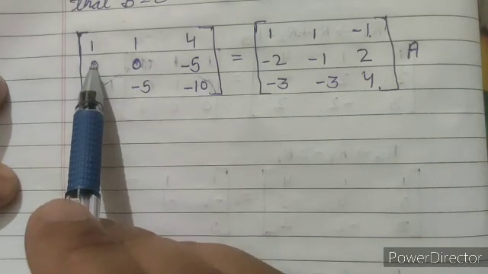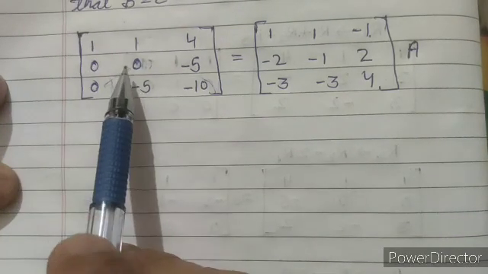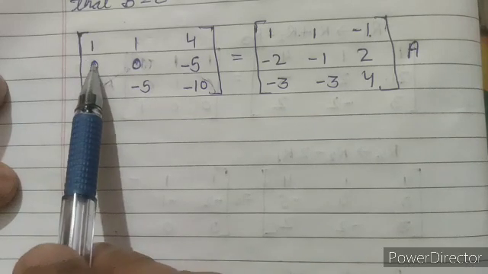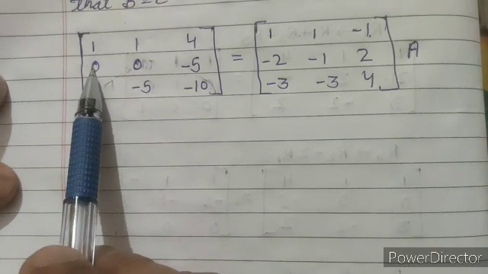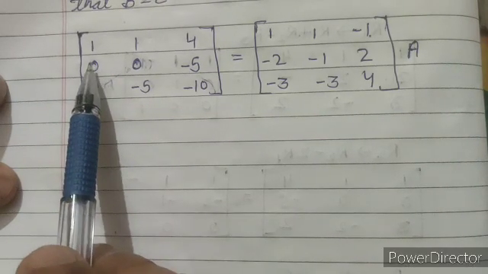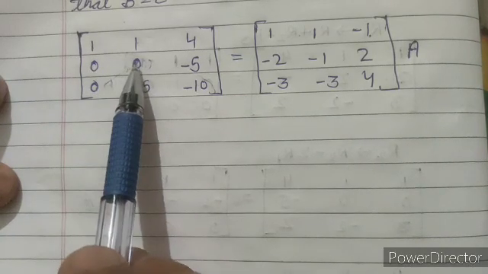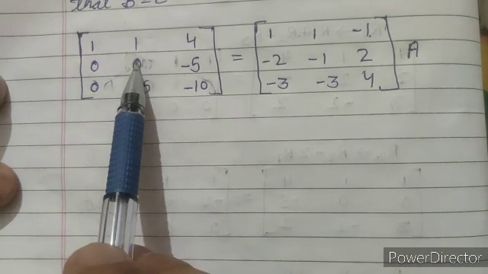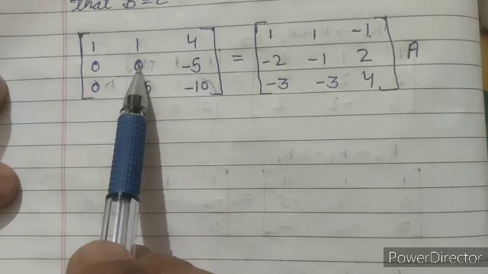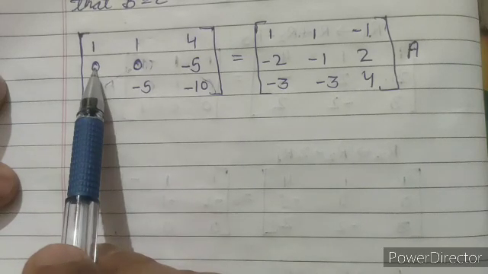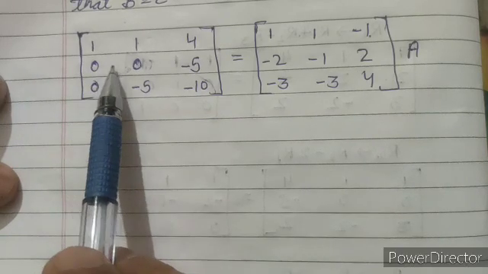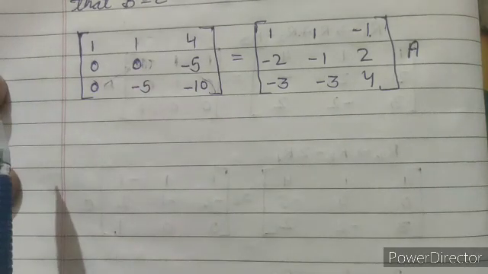So in transformation we should keep in mind that the required elements which we have already obtained should not change. Now if we are adding row 2 to row 1, we are getting 1 as the second element of row 1, but this is also changing the first element of row 2, so we can't add it to row 1.